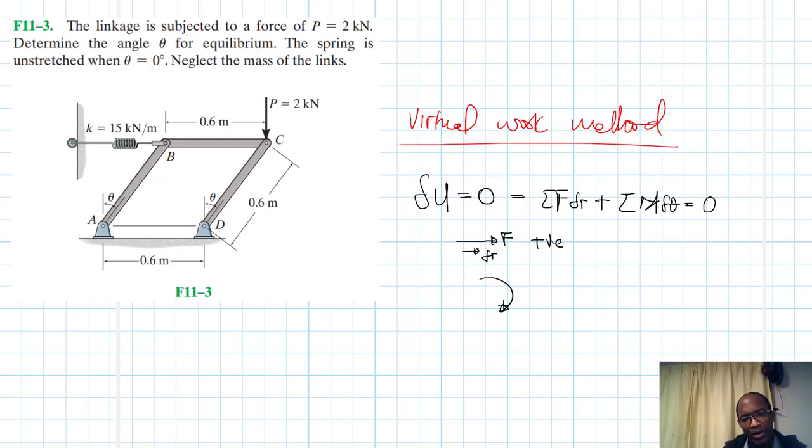The couple moment also is supposed to be collinear with the virtual rotational displacement del theta, and this is classified positive, otherwise it is negative. So basically this is what virtual work is, and we want to use this particular method on this problem, which again you can solve using the equations of equilibrium for static bodies.